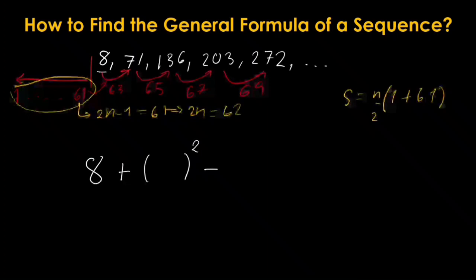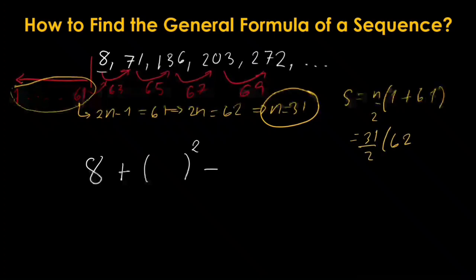Now let's plug it in here. 31 over 2, this one is 62, and if we multiply it, we get 961. Okay, let's go back to our formula. So we're going to subtract 961 from the cumulative sum from 1 up to 69.